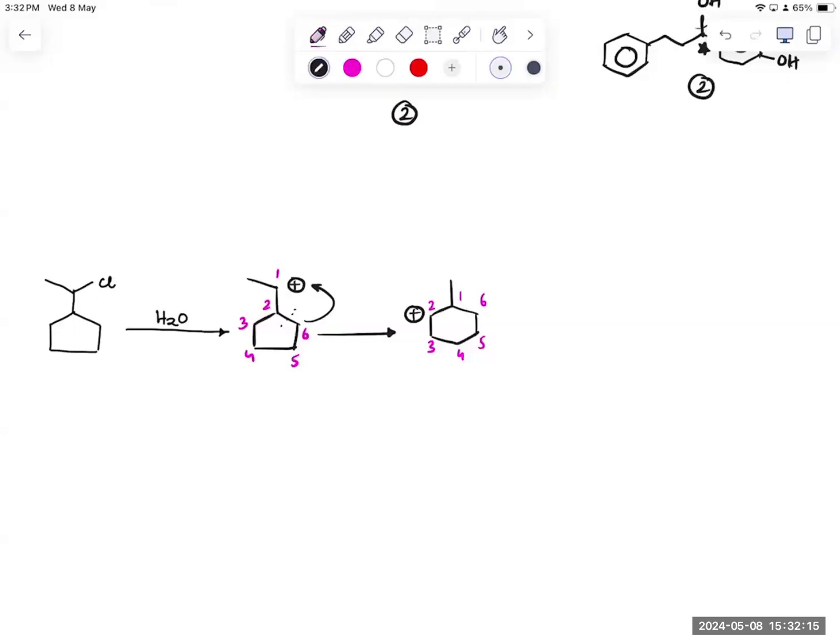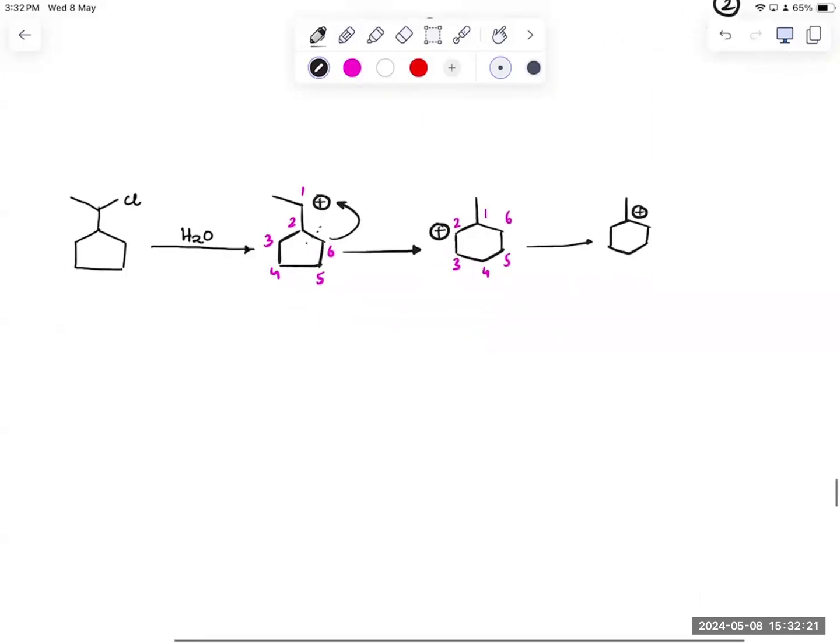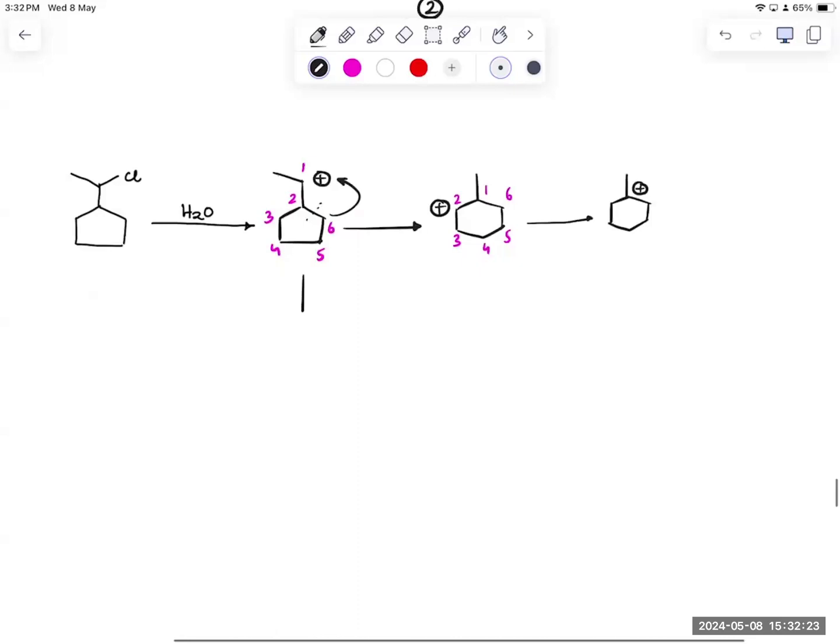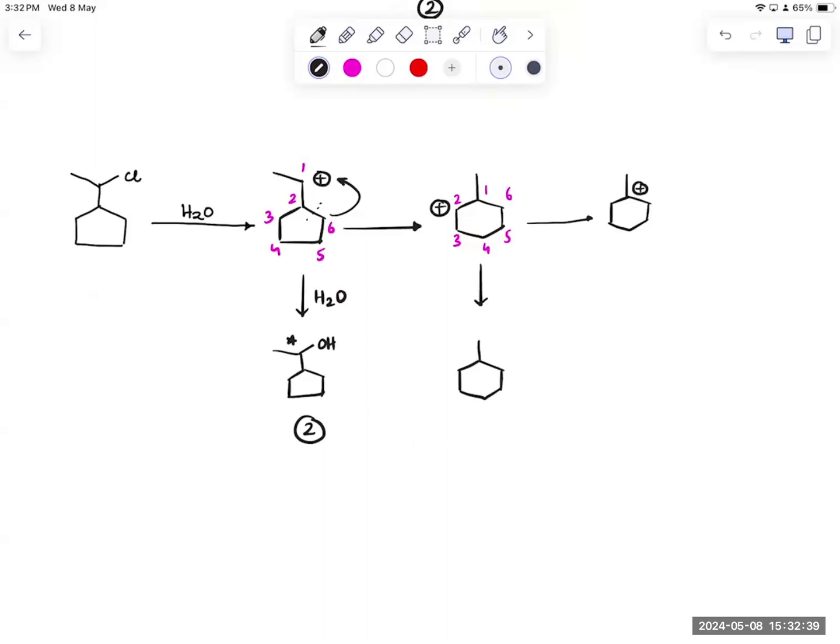So from this carbocation, we can have one more rearrangement which will happen to go here. So from here, if you directly add water, I will get the product as this one, OH. And that is a chiral center, which means I'll get two products from here. Here, if you notice, I have an OH, correct?